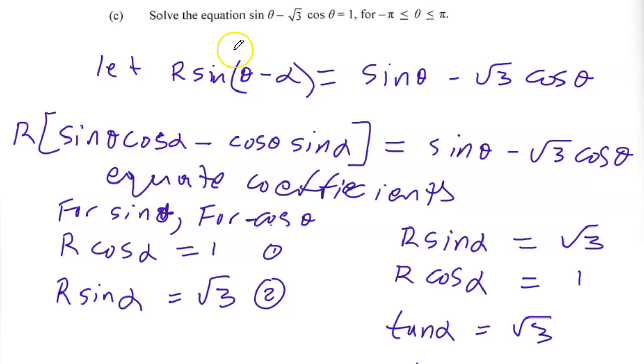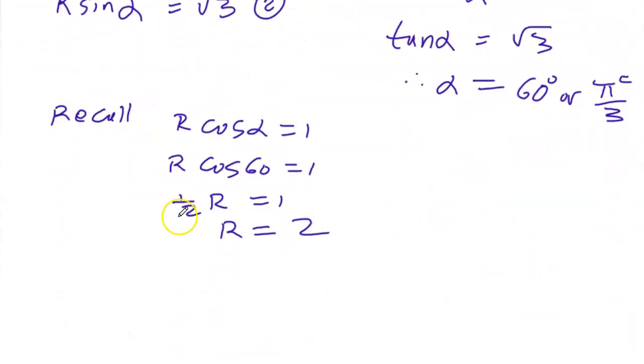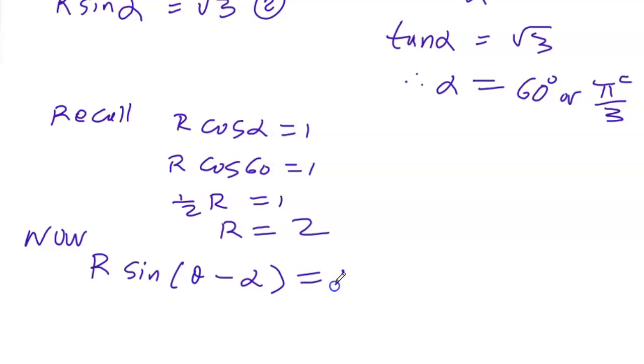So we can equate r sin theta minus alpha to 1, since it's equal to sin theta minus root 3 cos theta. So r sin theta minus alpha is equal to 1, and r is 2, and alpha was 60 degrees.